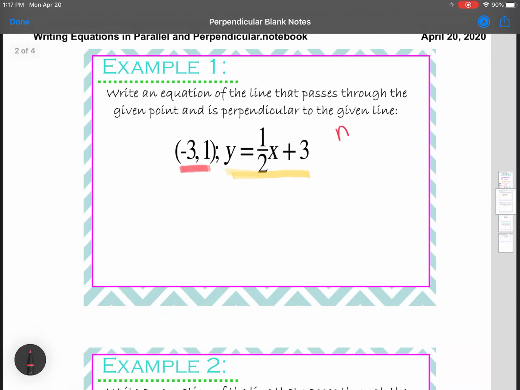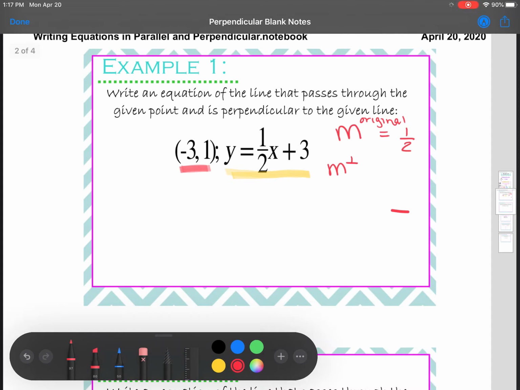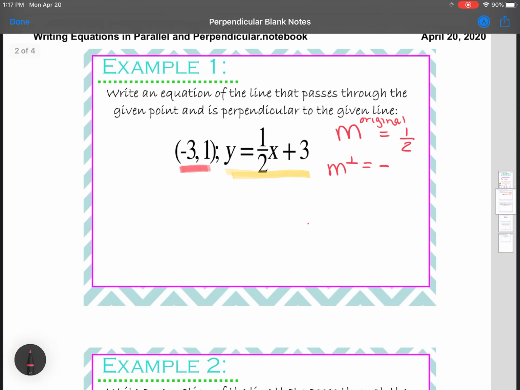If my original slope is 1/2, my slope perpendicular, that's a little symbol for perpendicular because it looks like perpendicular lines, is going to be negative, and then I'm going to flip it. 1/2 becomes 2. So my new slope is -2, and I have my x1, y1.